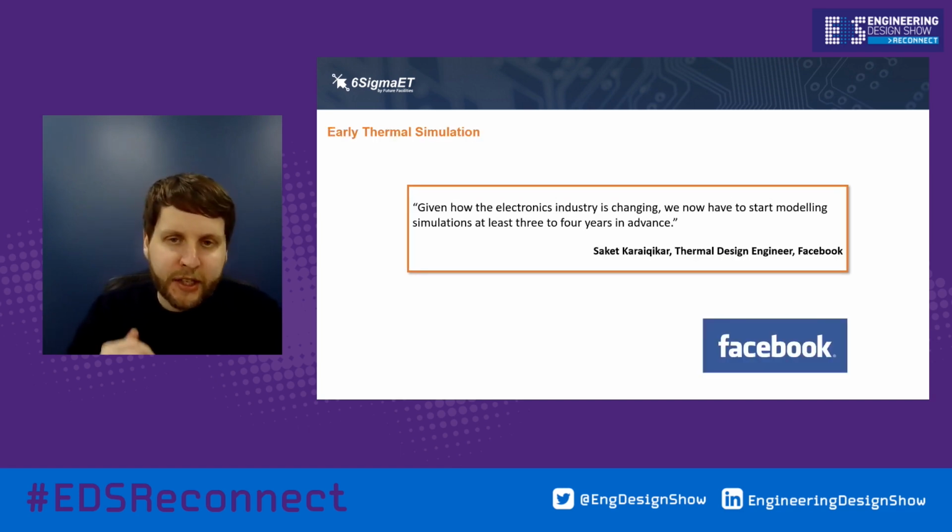And here's another quote from one of the customers, Sackett from Facebook: given how the electronics industry is changing, we now have to start modeling simulation at least 3 to 4 years in advance. So Facebook are using thermal simulation to make sure that their thermal designs are ready for whatever comes in the future.